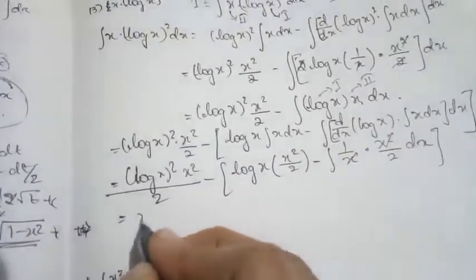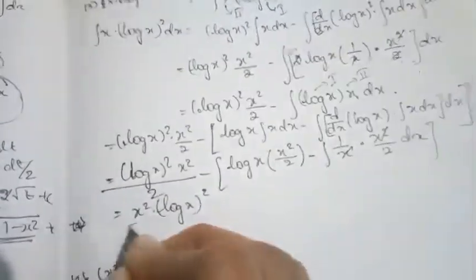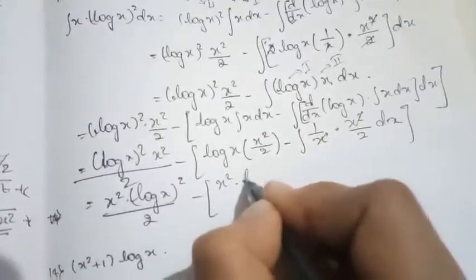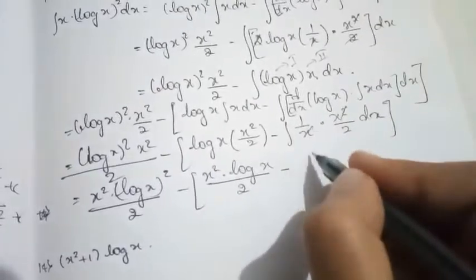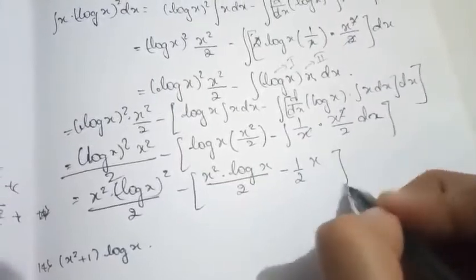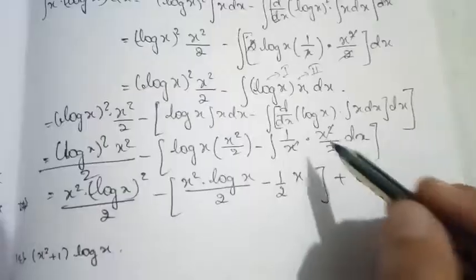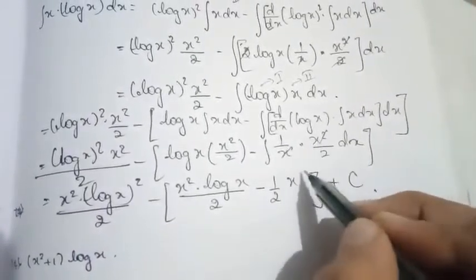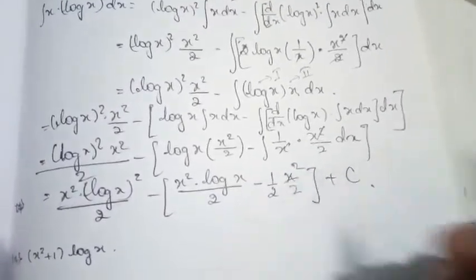So here it is nothing but x square into log x whole square divided by 2, minus x square into log x by 2, minus integration, here 1 by 2 is a constant, integration of dx is x plus c. So now what happens? Here we had 1 by 2 into x, so it is x square by 2.